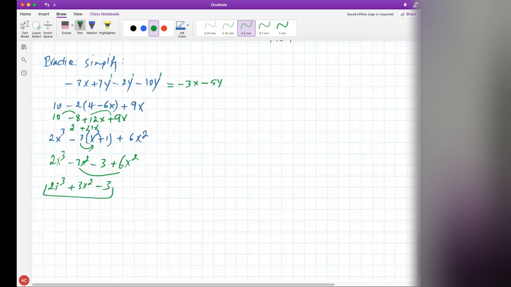Why do I have minus 3x squared? You have plus 3x squared. So we have negative 3 combined with 6. But 6 is positive.